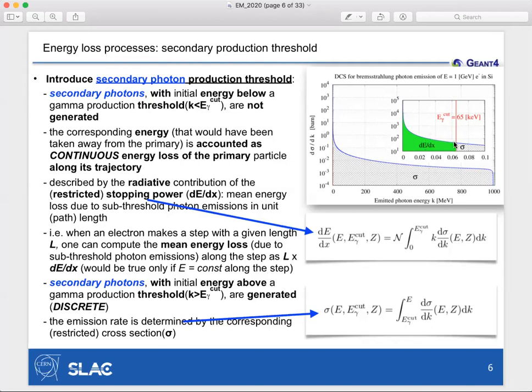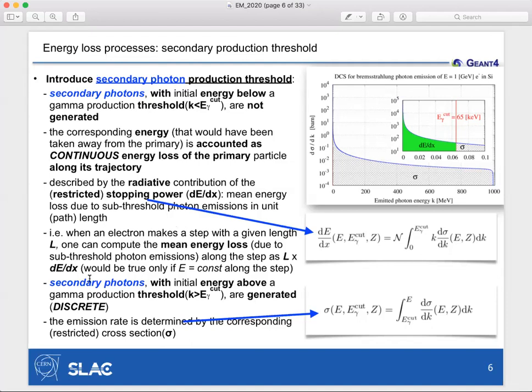On the other hand, everything that would result in secondary photon emission in Bremsstrahlung with an initial photon energy higher than this production threshold, we simulate really as an individual interaction. We stop the electron and emit a secondary photon, and the secondary photon will be tracked later.